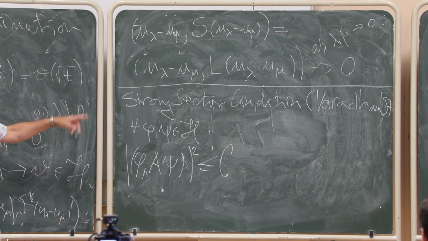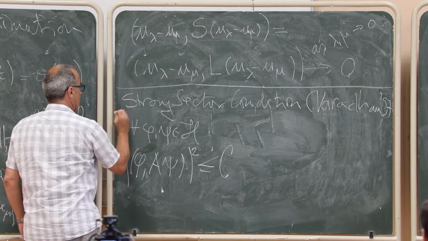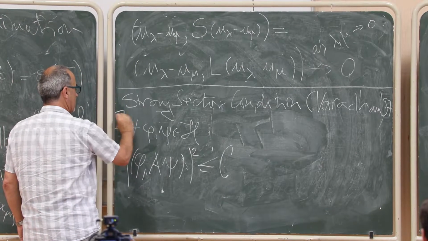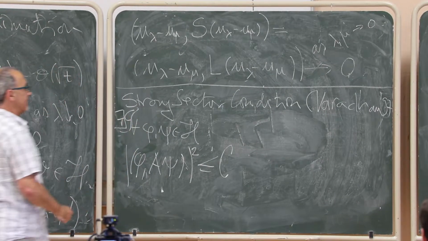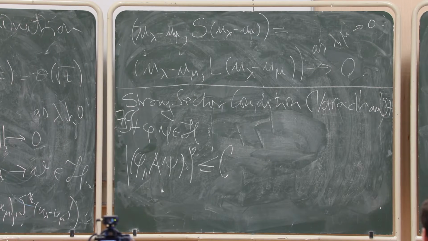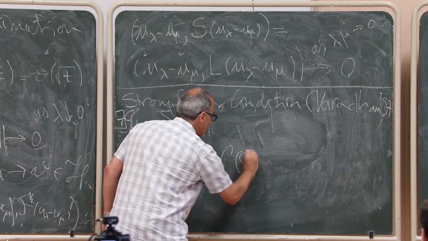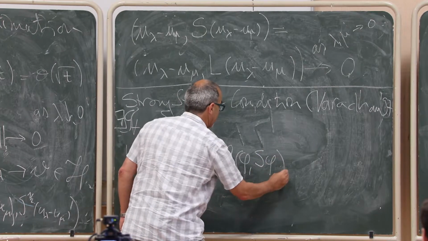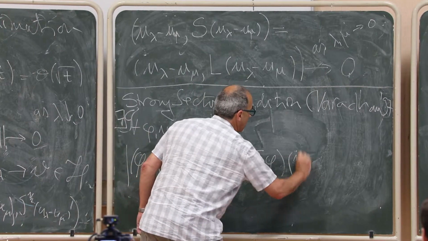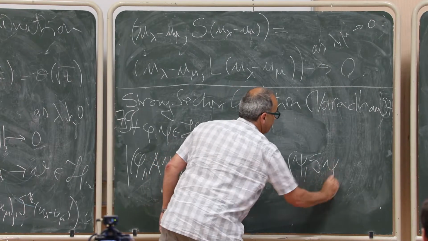I should have said there exists a finite constant such that for any two vectors, this is bounded by phi S phi times psi S psi.